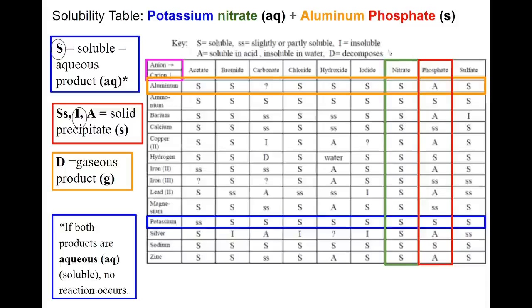A means soluble in acid, but insoluble in water. So if it makes something that's soluble in acid, but insoluble in water, my aluminum phosphate is going to make a solid precipitate. So it gets an S.